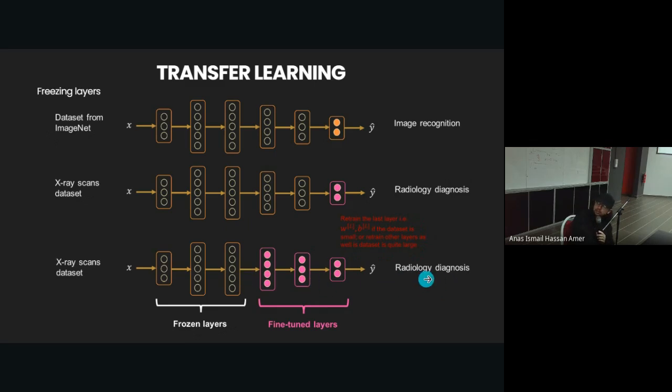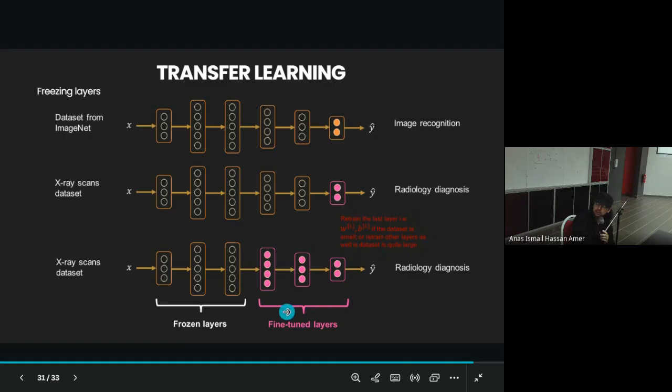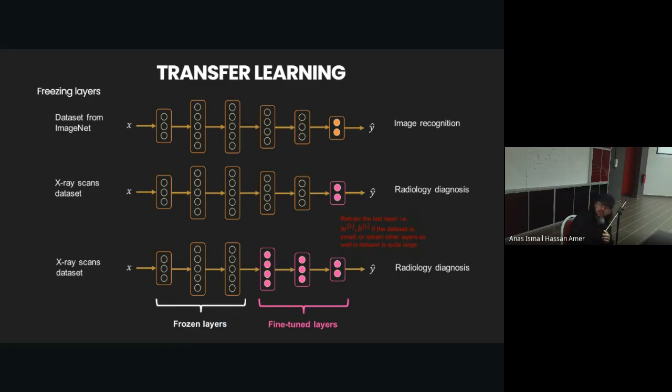Instead of radiology diagnosis, I don't know, disease diagnosis for bacteria or something. So it's slightly different. It's not really the same as radiology and X-rays. So you need to fine-tune more layers and keep fewer layers frozen.